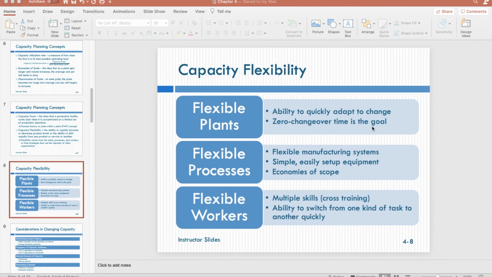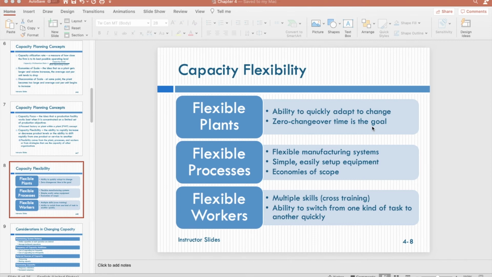In order to have enough inventory to meet all of the customer needs for product B, we really want to produce more product B just in this month in order to prepare for next month, right? So a flexible process or flexible equipment will allow you to do that.